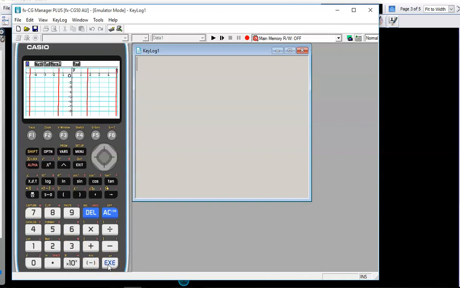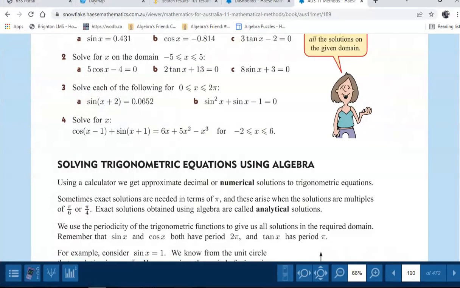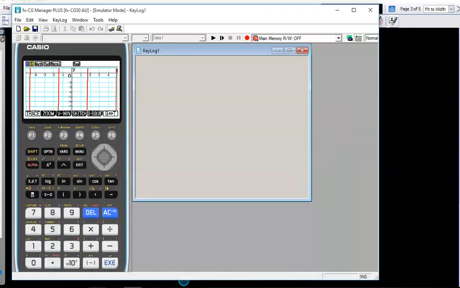Now, I've got my answers there, so I don't need to rescale it, but if it asks me to sketch it, I'm just going to go again, Shift, oops, what did I not do? Did I check my scale? Oh yeah, 5 and -5. So again, I'm going to go Shift, Zoom, Auto. Now, does that worry us?